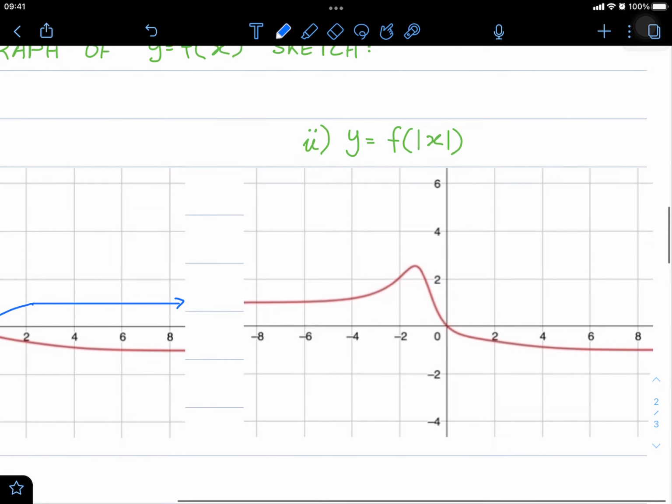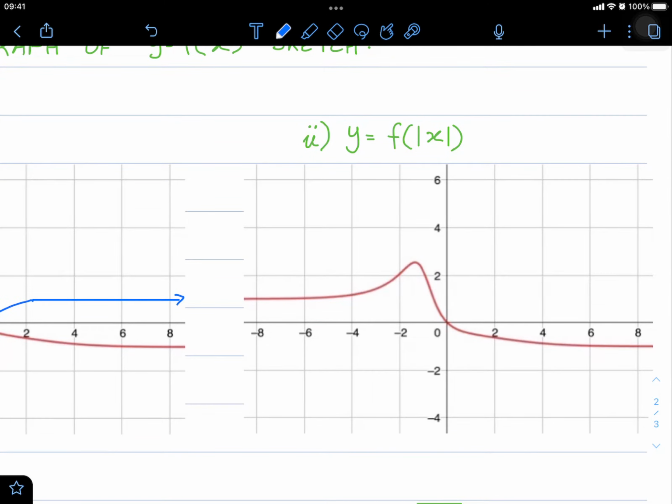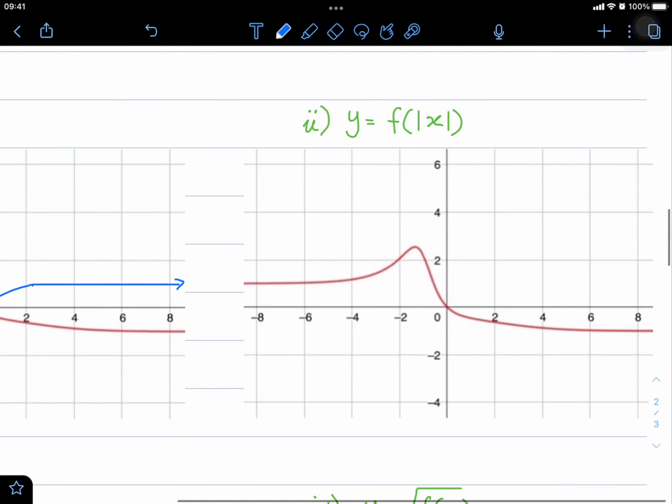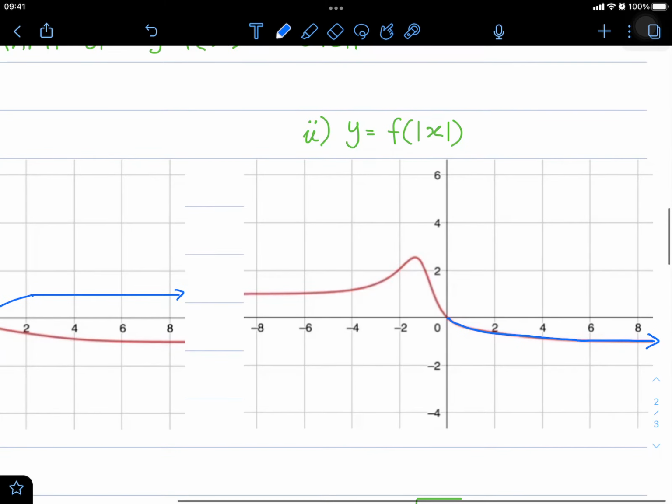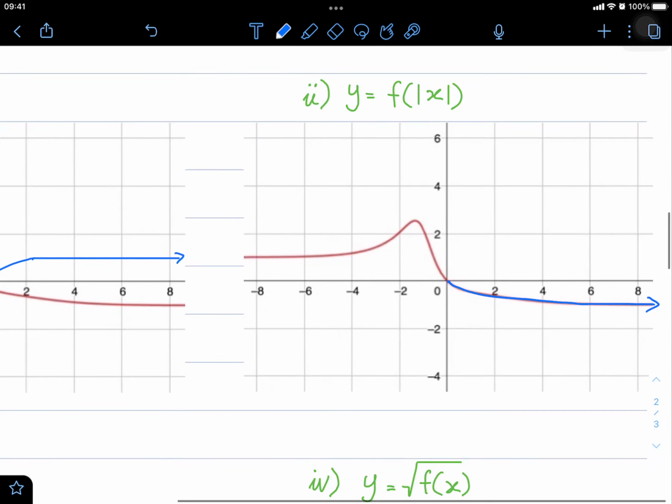Y is equal to f of absolute value x. Well, absolute value x means all the positive values of x remain the same. So the graph along positive values of x remain the same, like so. But now, because negative values are now treated as if they were positive values, let's say this value of -2, it's as if it were positive 2.